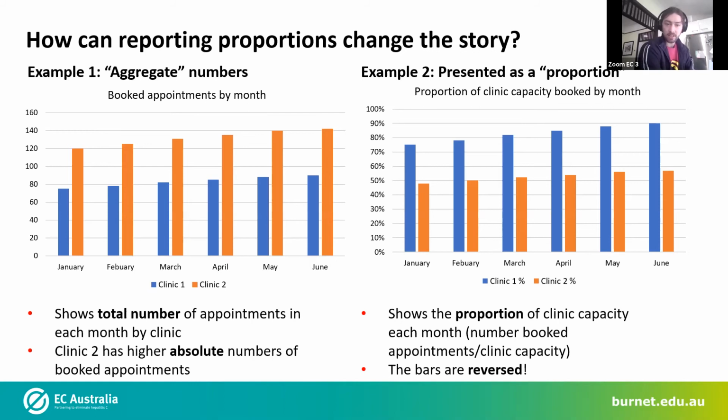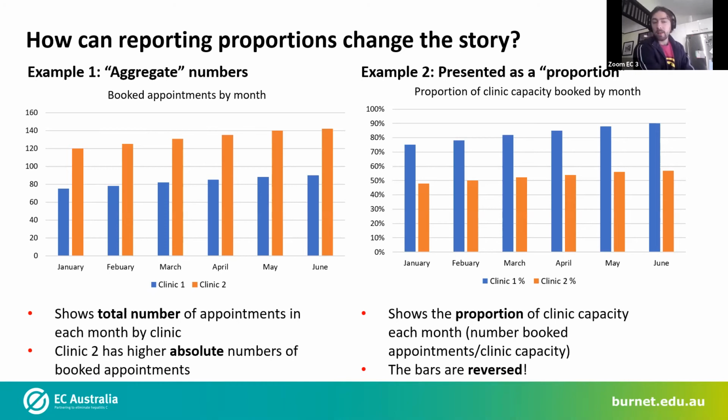You can see that clinic 2 clearly has a lot more bookings for every month. There's maybe a slight increase over time with clinic 2, and maybe a slight one with clinic 1. But the story this is telling me is that in general, there are a lot more appointments being booked at clinic 2 than clinic 1.